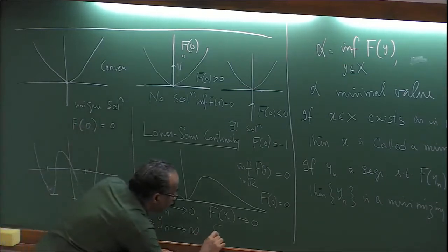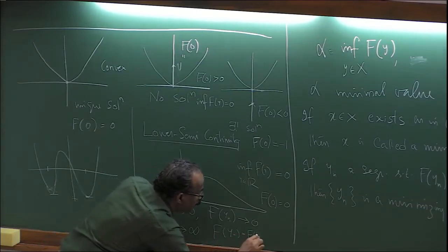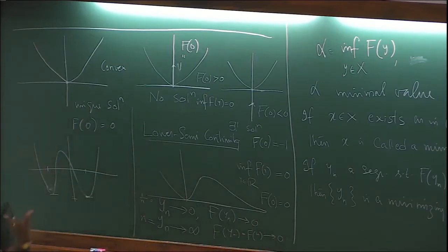Then f(y_n) is equal to f(n), which also goes to 0. So you start with an arbitrary function and choose a minimizing sequence, and that minimizing sequence may not have a convergent subsequence.